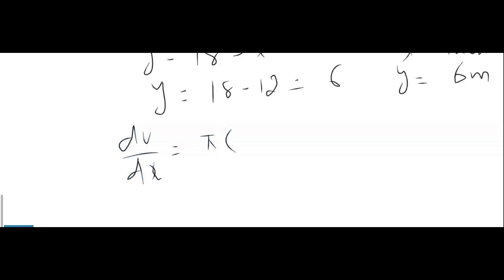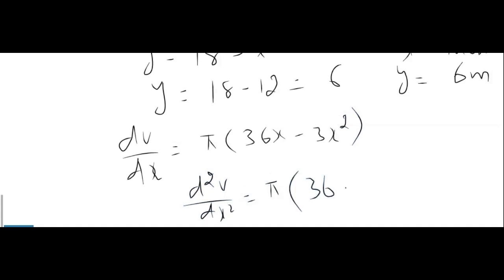Therefore d squared v by dx squared will be equal to pi into 36 minus 6x.